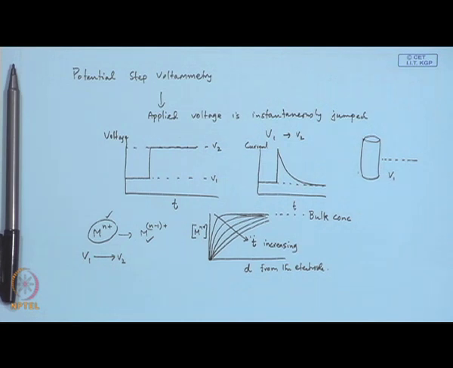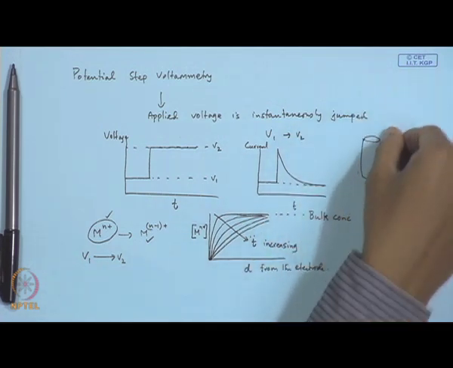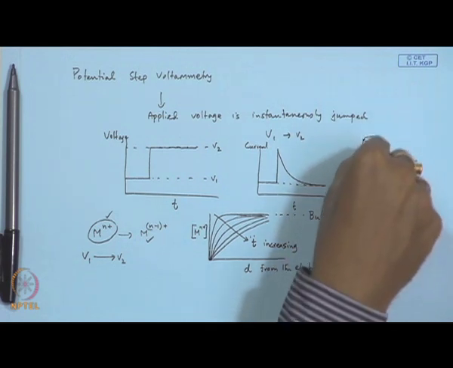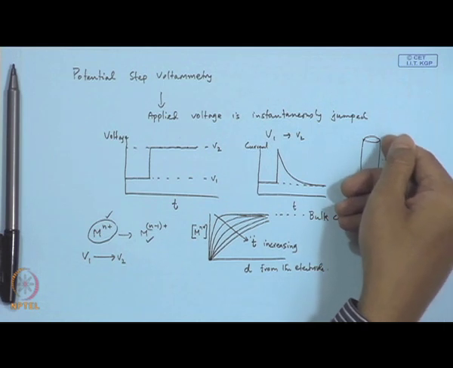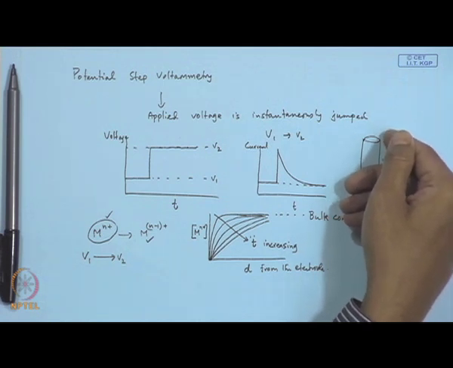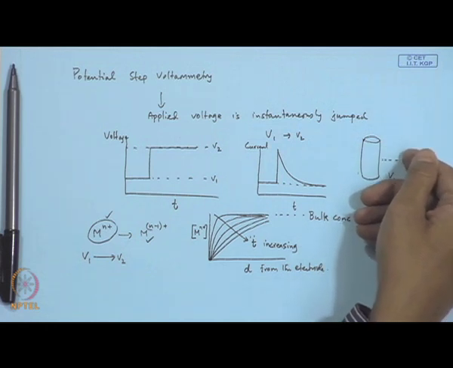Okay. So, this is called potential step voltammetry. Basically, you change the potential, and the moment you change the potential, the ions which are close are initially consumed, and then the next layer of ions will diffuse. So, this diffusion will continue.